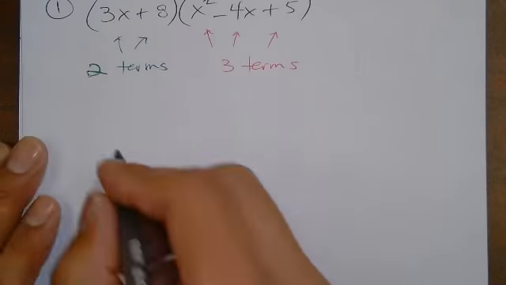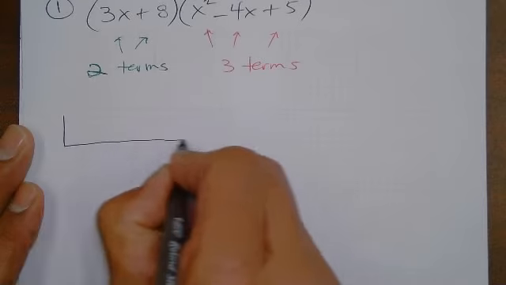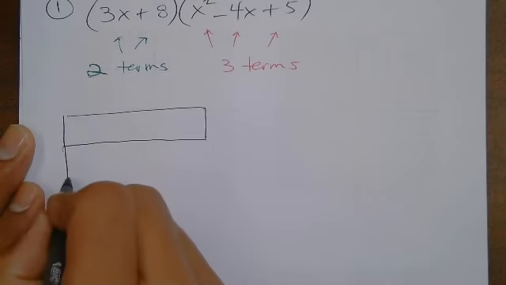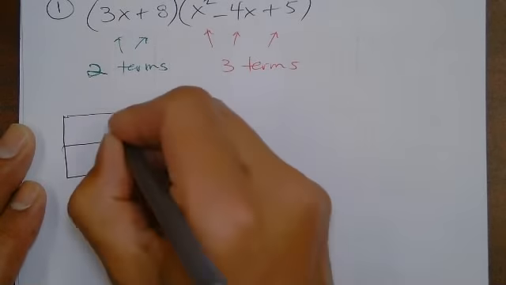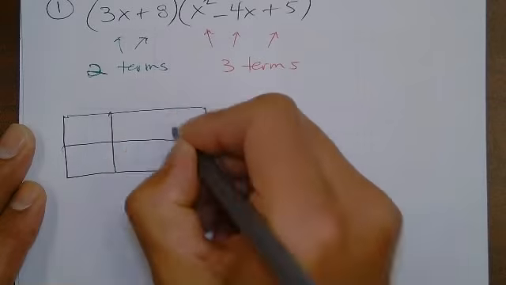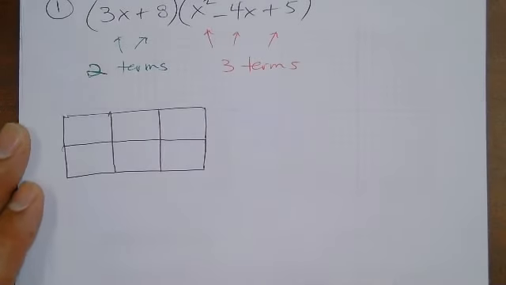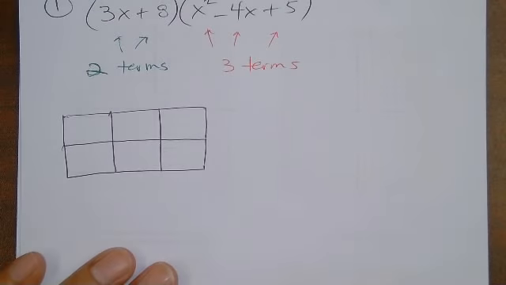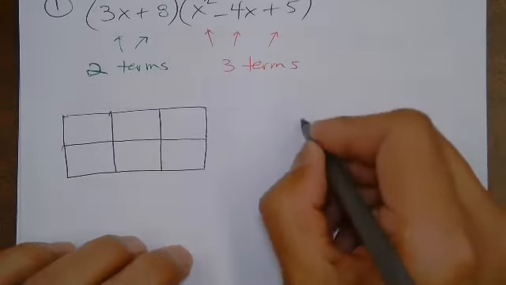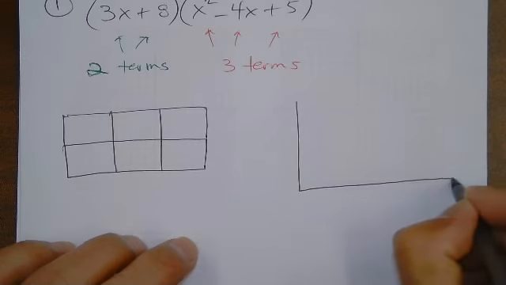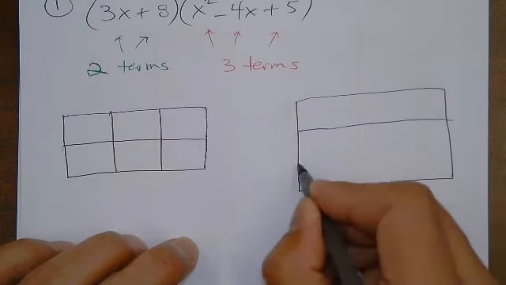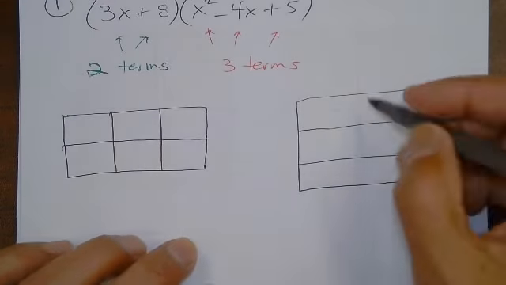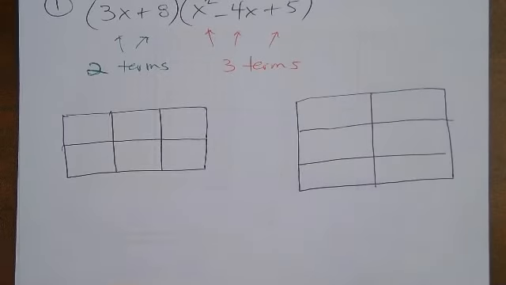Is it going to be 2 rows and 3 columns? Or is it going to be 3 rows and 2 columns?